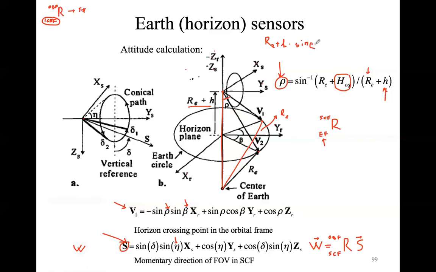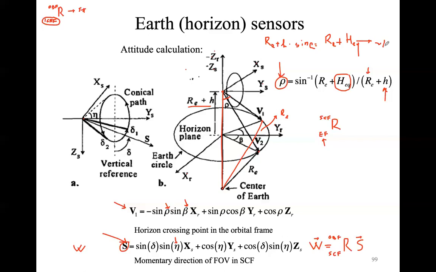is equal to R_E plus H_EQ. H_EQ, as I said yesterday, is an equivalent height, because the crossing point of the Earth sensor will not intersect exactly the Earth's surface, but will be at an altitude of about, for example, close to 40 kilometers.